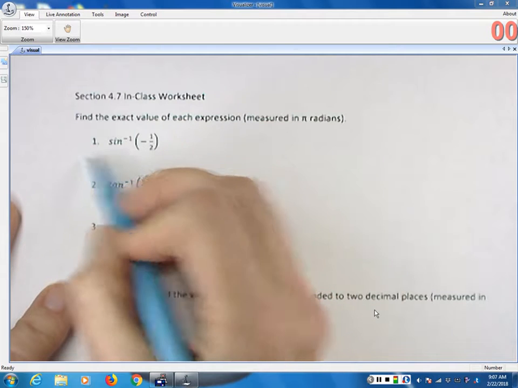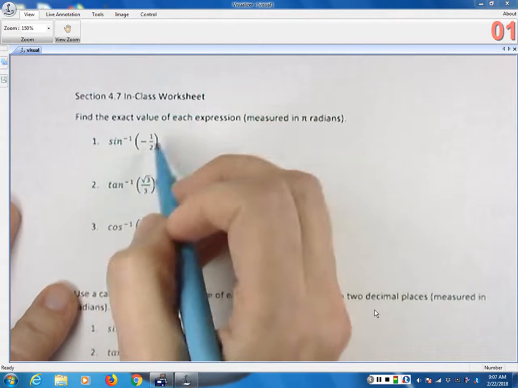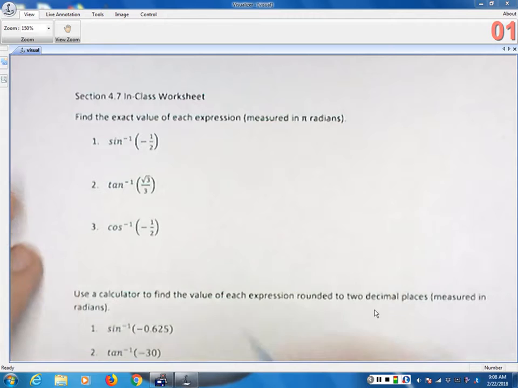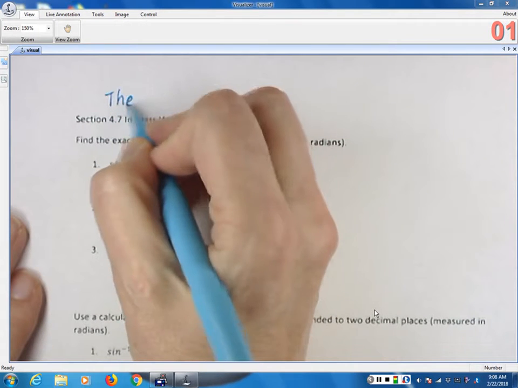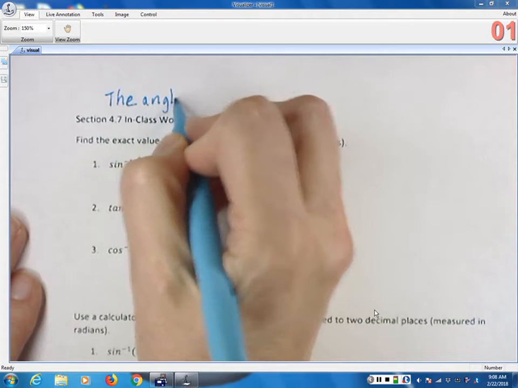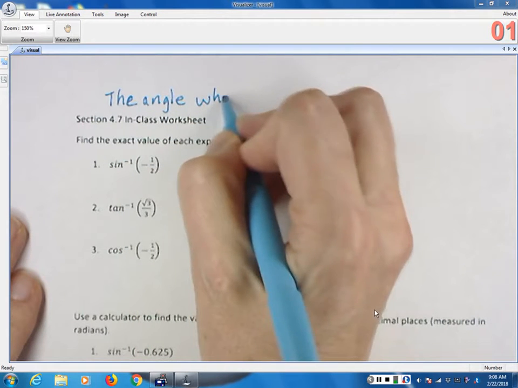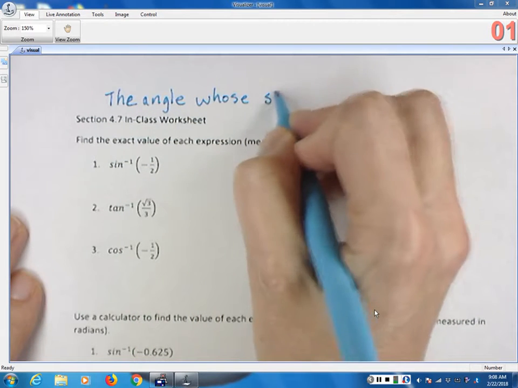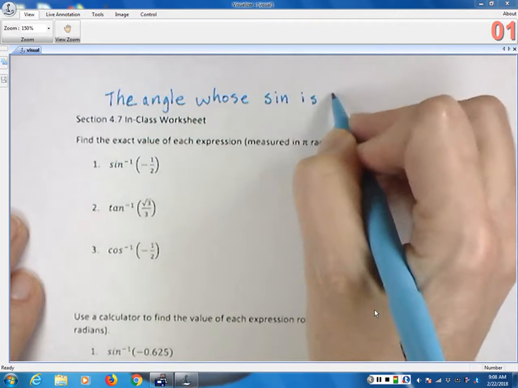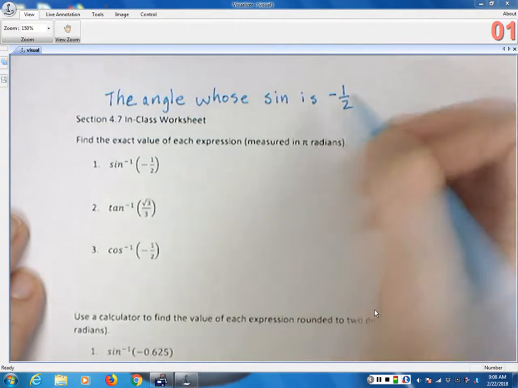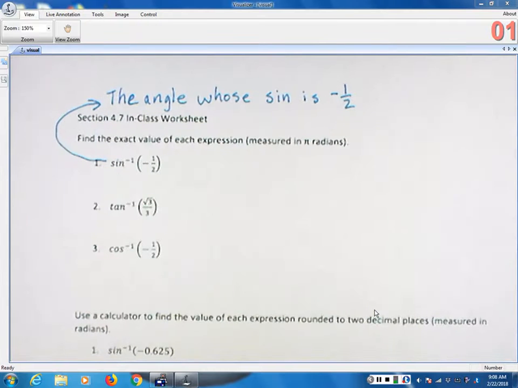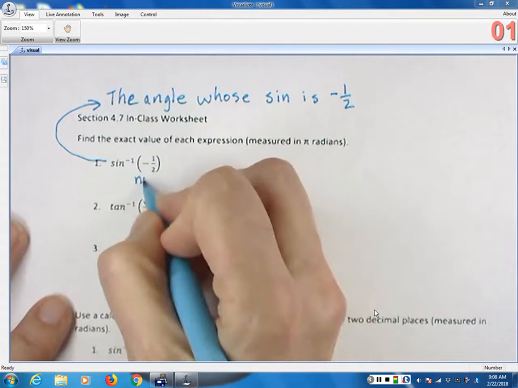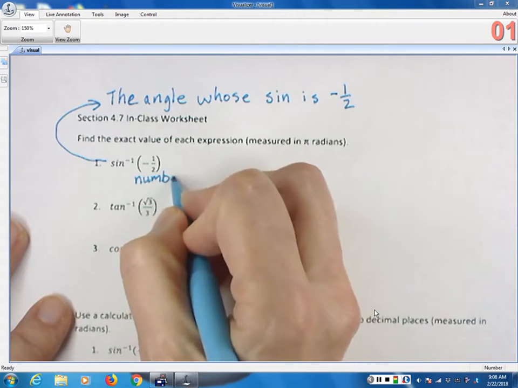So we've got the angle whose sine is -1/2. That's what this means, and we write it up here. The angle whose sine is -1/2. This is a number inside the inverse sine.